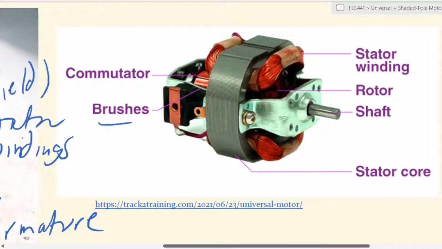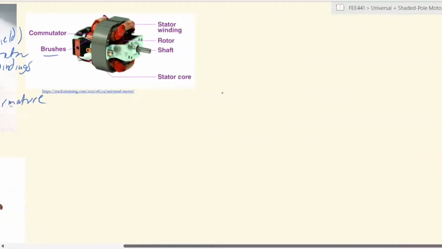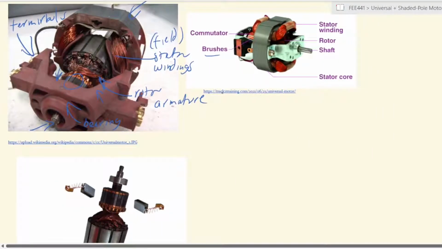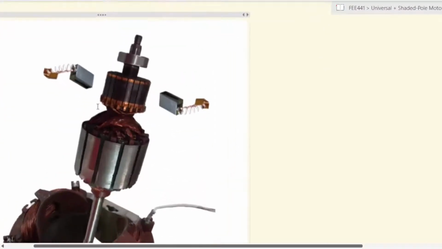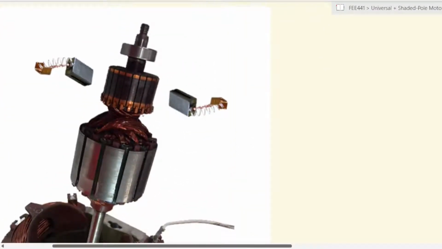So you have brushes that transfer electrical power to the windings through carbon brushes themselves, right? And we have yet another diagram here showing these are carbon brushes.